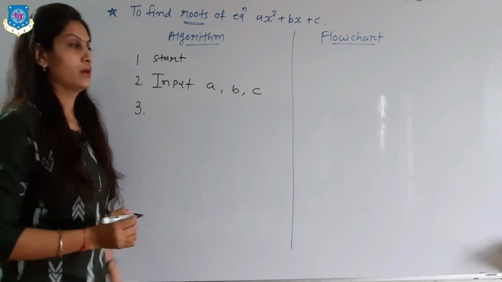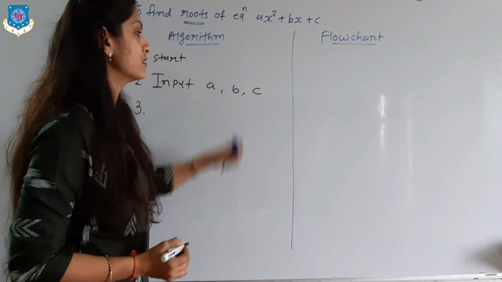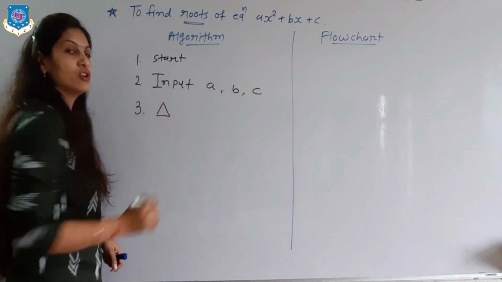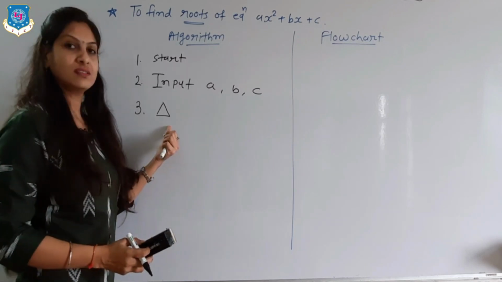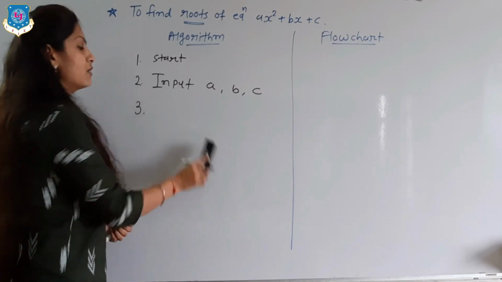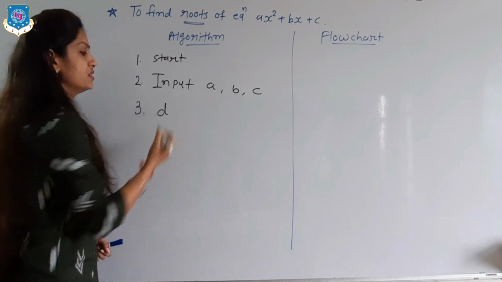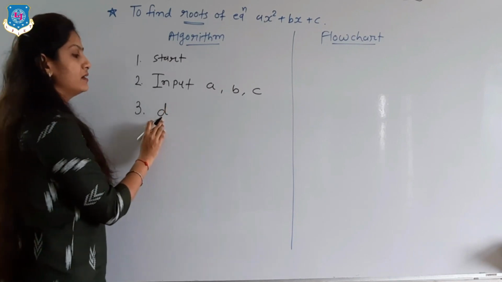Now third step, according to the value of a, b, c, first we have to find the delta. Here the delta we cannot write, because in our programming, in our keyboard, this symbol is not present. So we have to write here some variable name, and that is suppose d, according to the delta. So we have to find d.